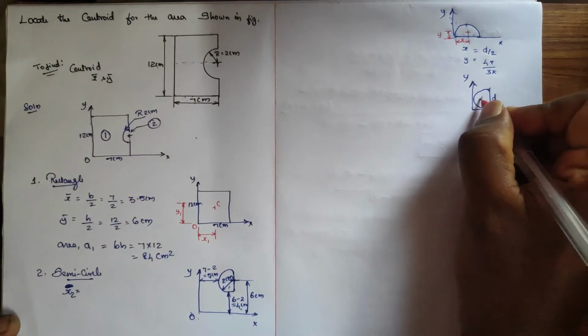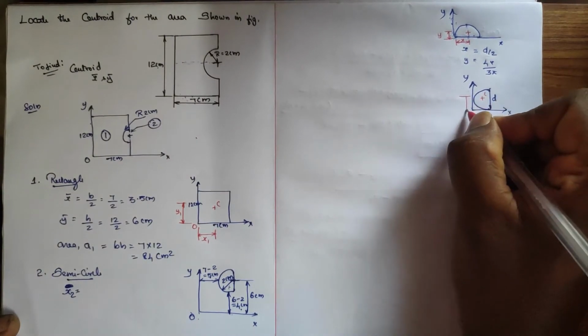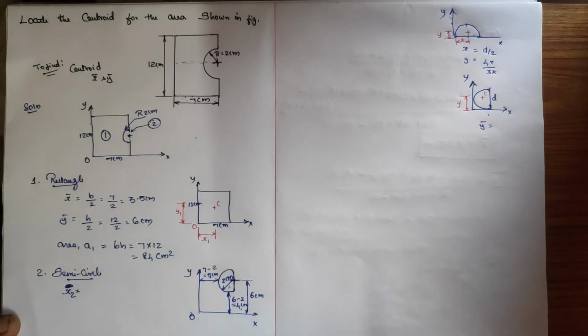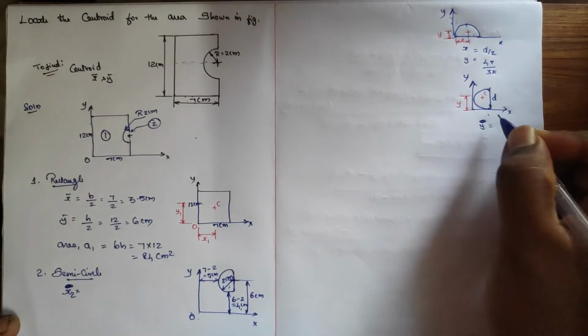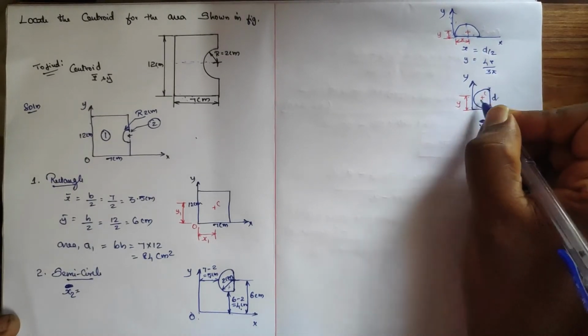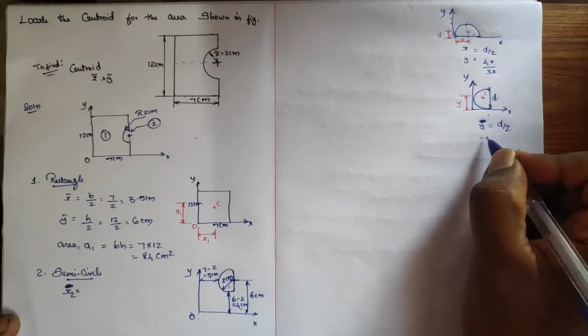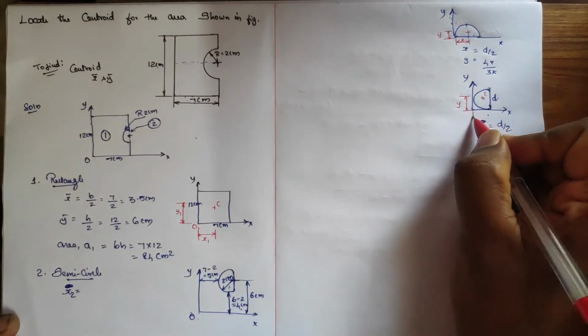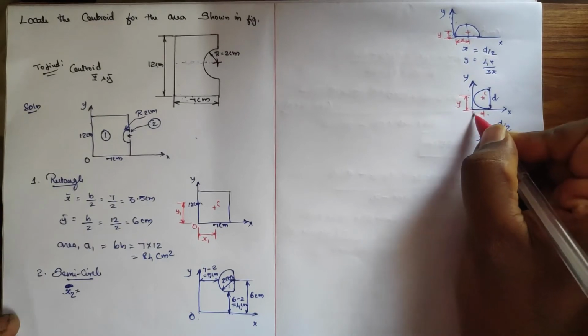If I take this as the centroid, the y will be d divided by 2. We get the centroid when locating it this way. When you are locating the other coordinate, we must be careful. We need to specify from this particular point to this.